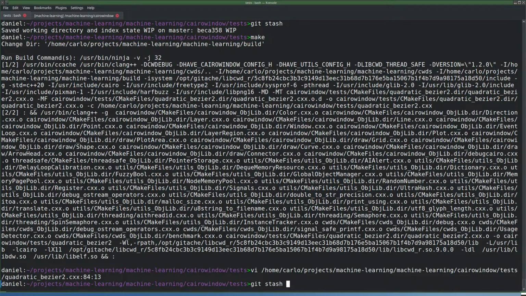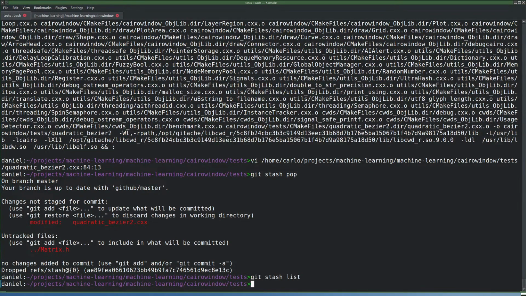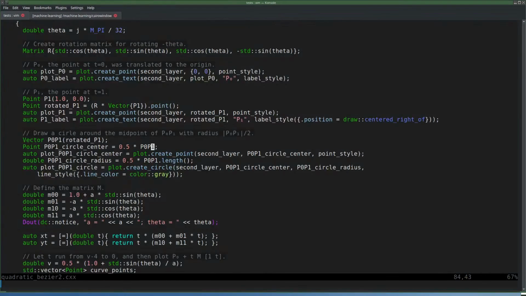Does pop apply it? I think so. It better. Modify it again. Okay. Phew. Empty stash list. Yeah, now I finally get it. Because my memory didn't tell me that I just removed the P0 there. You idiot.